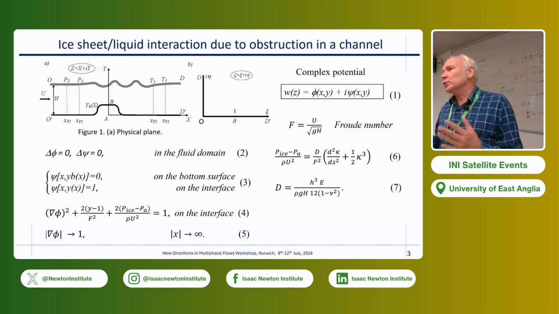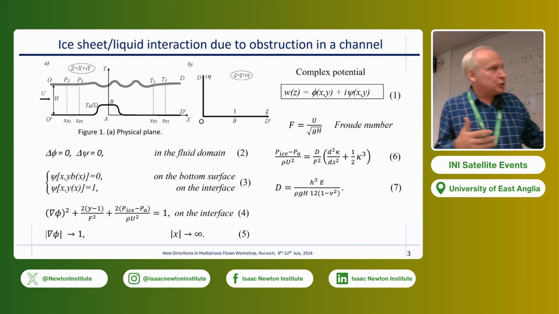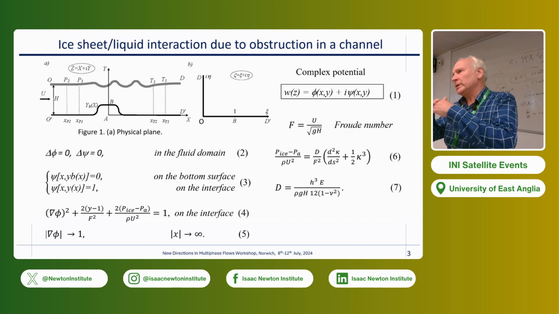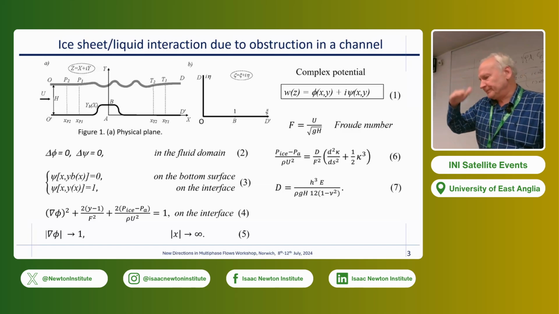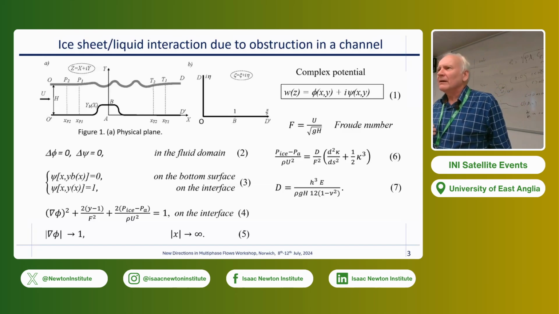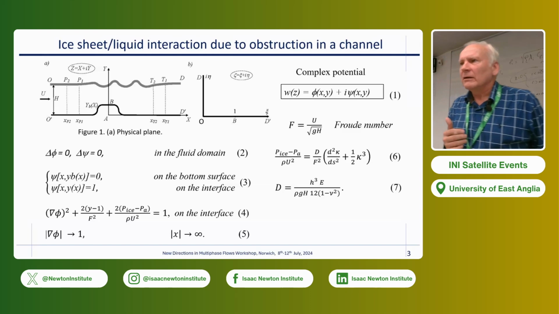In that case, we should consider viscous-inviscid interaction. We introduce a boundary layer and an interface between the inviscid layer and the boundary of the boundary layer. And there could also be viscosity in the membrane itself, in the ice sheet.